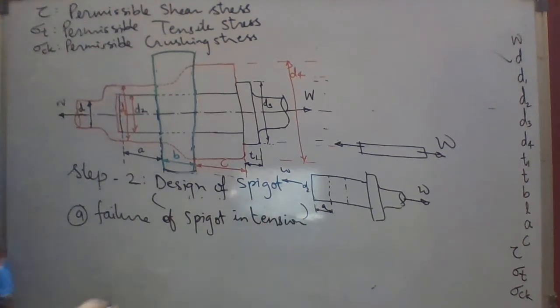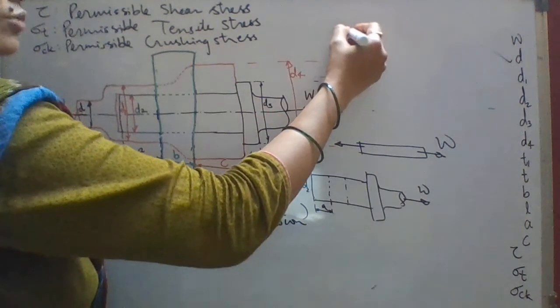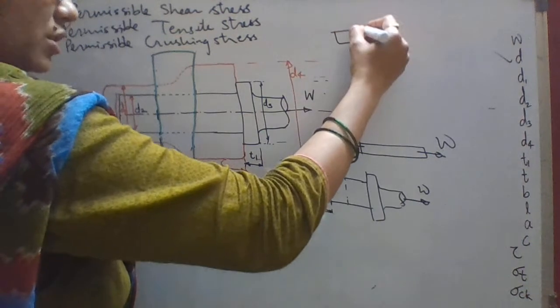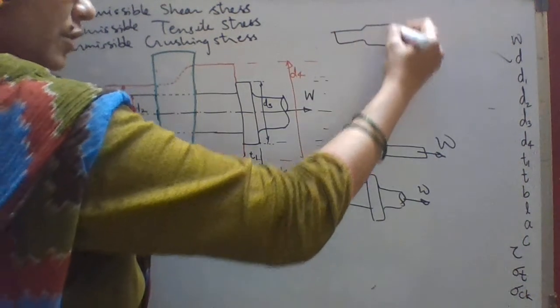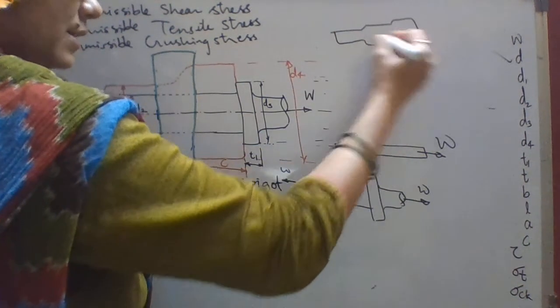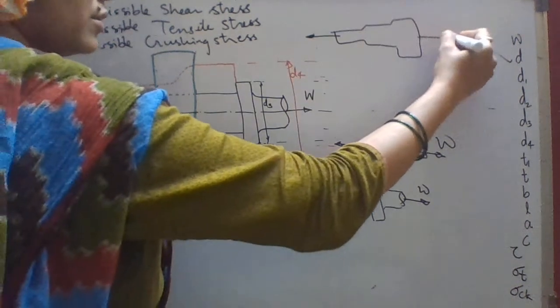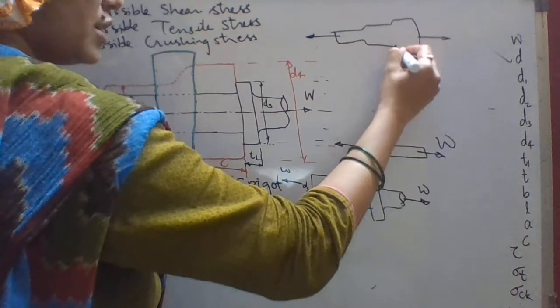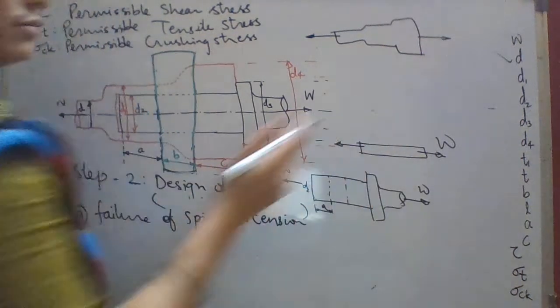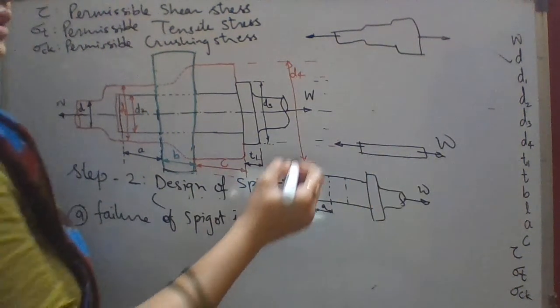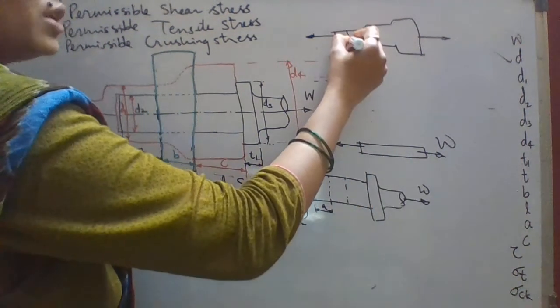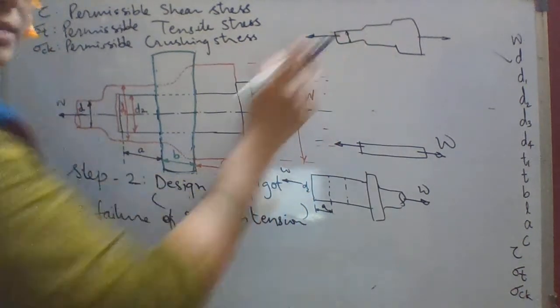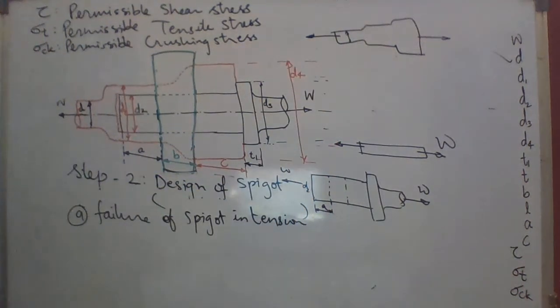Now we have done various practice on variable cross section shafts. If the cross sectional area of the shaft is varied, then we are very well aware the maximum stress will be induced in the smallest possible area.